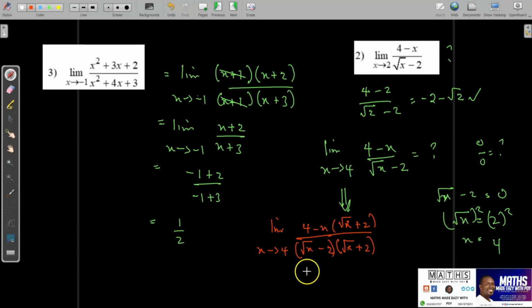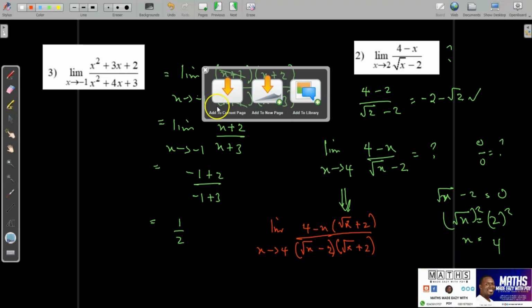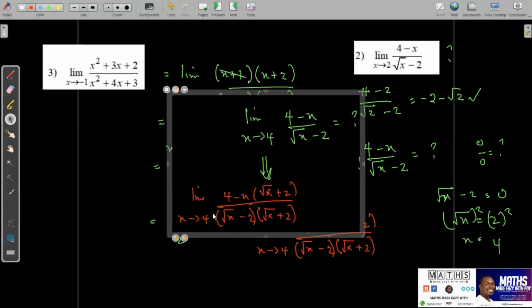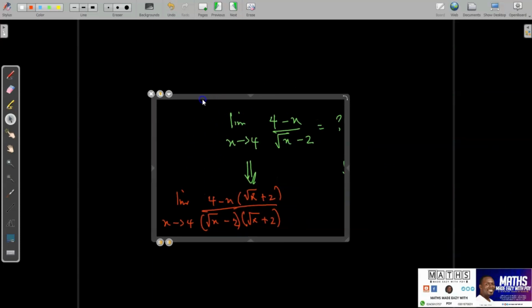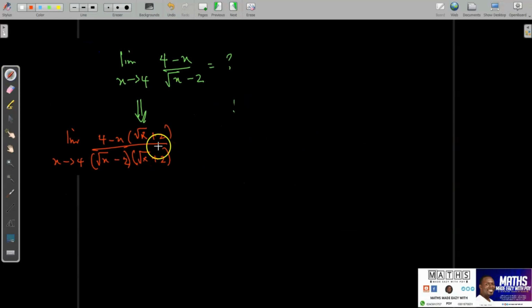Going further, let me go to another page. Let me copy that and then just move it. So going further, that will be giving us the limit of, when you expand this, remember this factor is multiplying everything here.